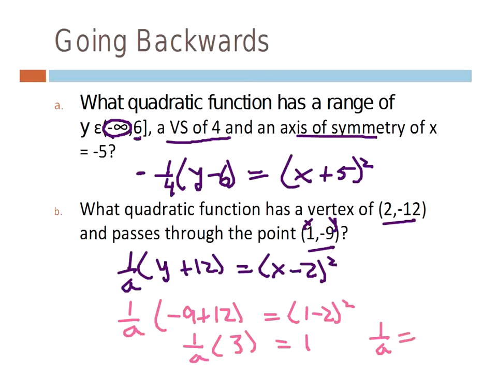I divide both sides by 3, and I get a equals 1/3, and so my equation is y equals the new equation is 1/3 y plus 12 equals x minus 2 all squared. That's the only quadratic function that has that vertex, (2, -12), and that passes through the point (1, -9).